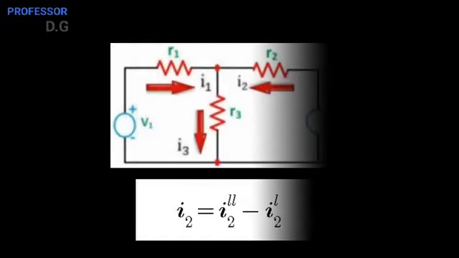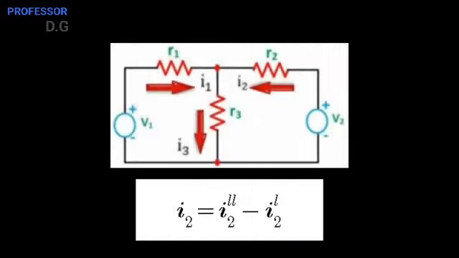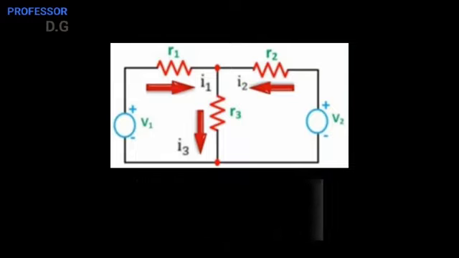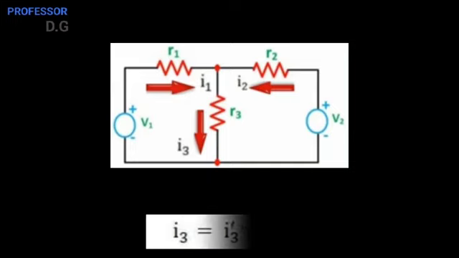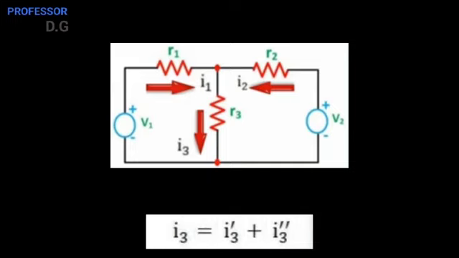In the same way, branch current I2 equals I2 double dash minus I2 single dash, and branch current I3 equals I3 dash plus I3 double dash.